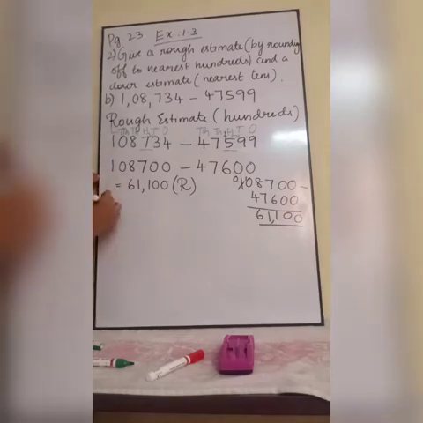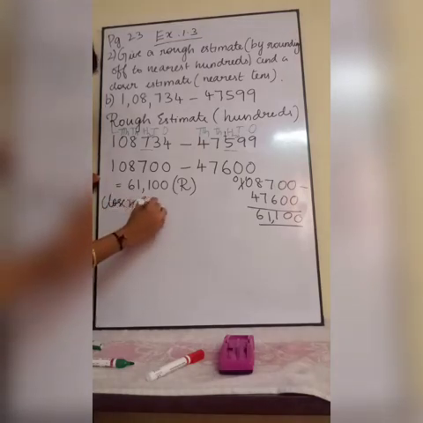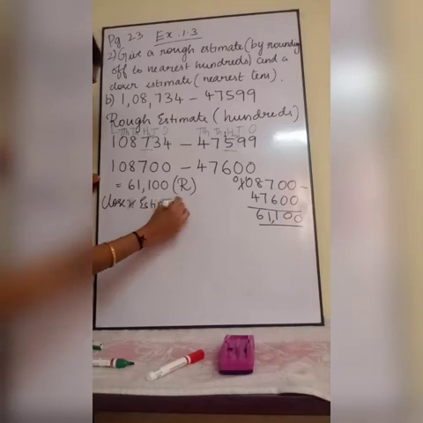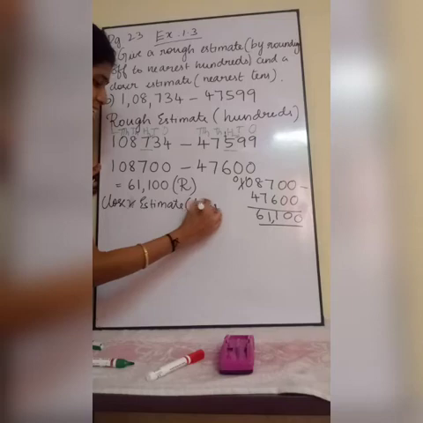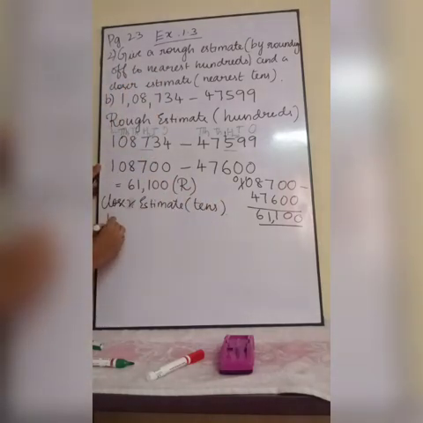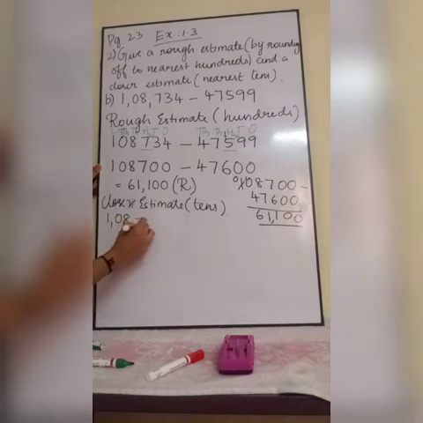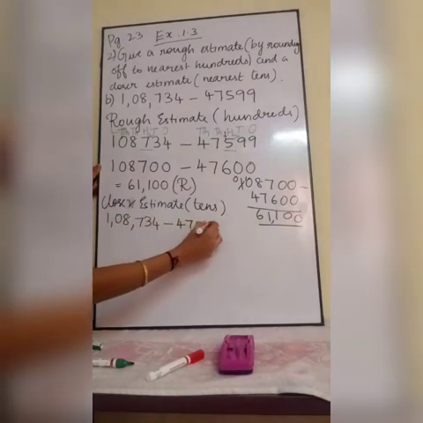Okay, next, my closer estimate. For closer estimate, what will you do? You will round off to nearest tens. For this number I am going to round off to nearest tens. 1,08,734 minus 47,599.